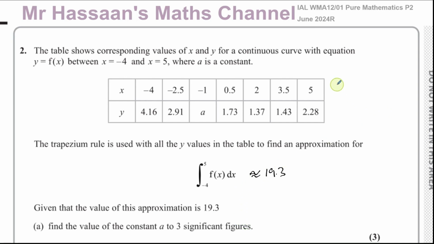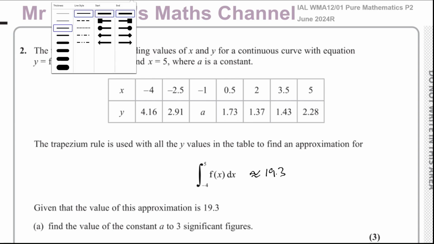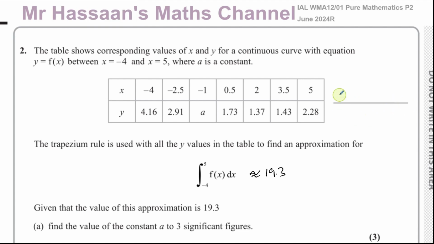The trapezium rule is when you make an approximation for the area. In this case, it's going to go from -4. Let's just say this is our curve, something like this. Say this is where you've got -4 and then -2.5 and -1 and so on.